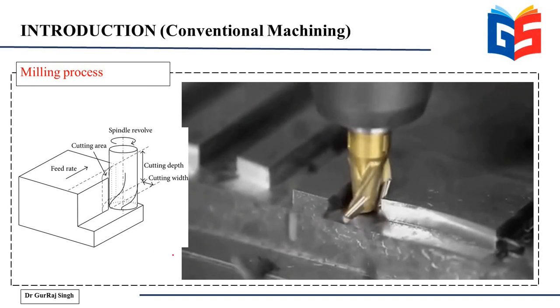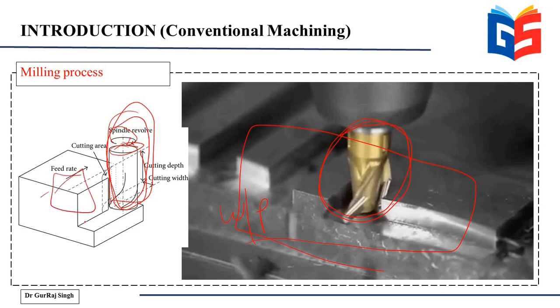But in this case, you can see that it is this tool that is rotating while the workpiece here at the base is stationary. So it is this tool that is held on the spindle, and this is the revolving or the rotating part, while the workpiece is just stationary.